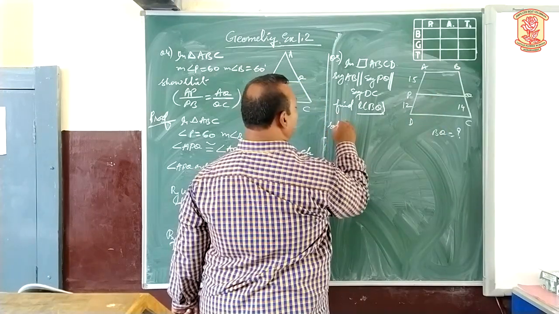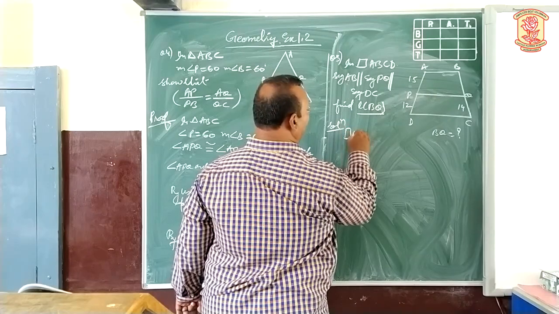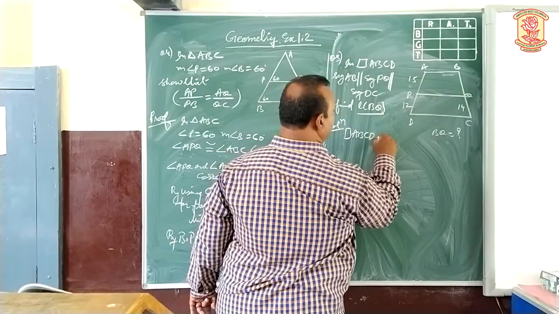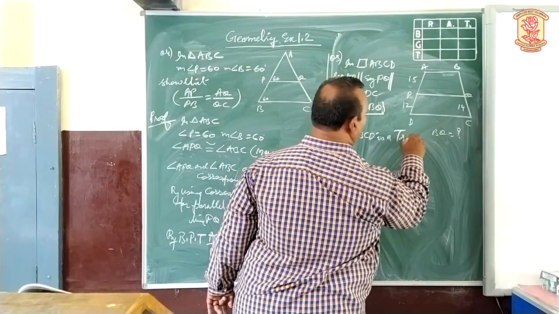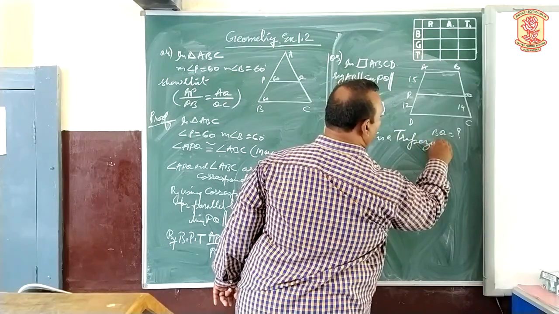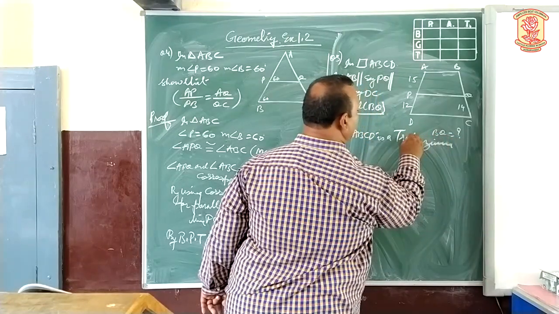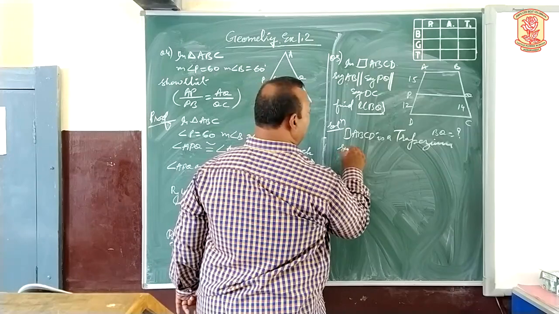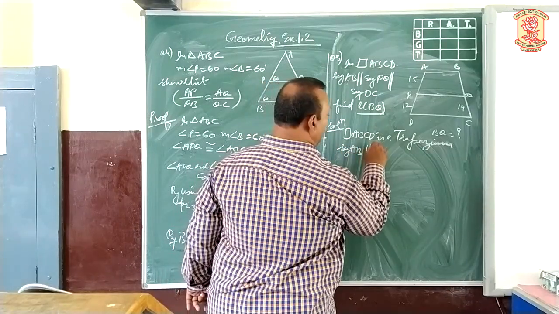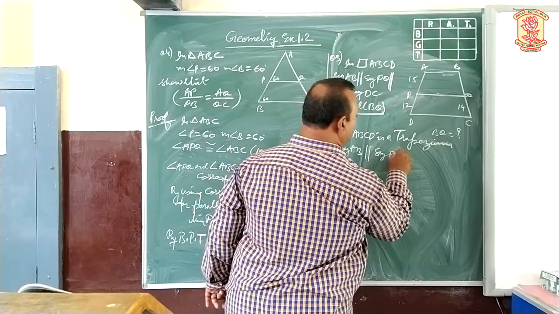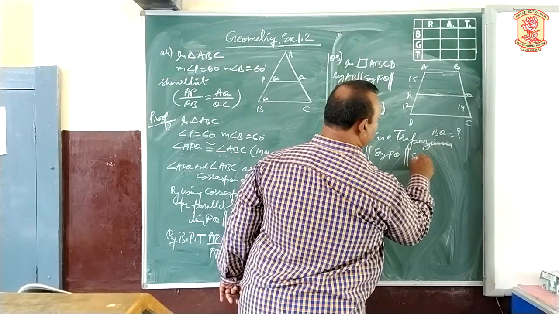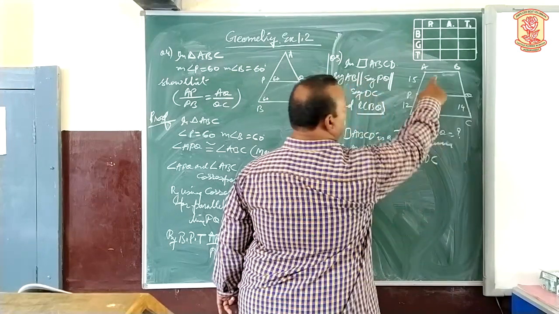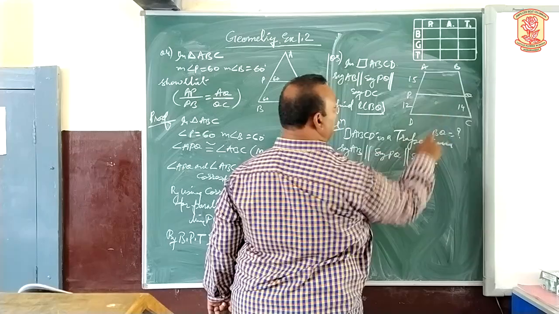Write it in the solution. Quadrilateral ABCD is a trapezium. In this, segment AB is parallel to segment PQ, which is parallel to segment DC.